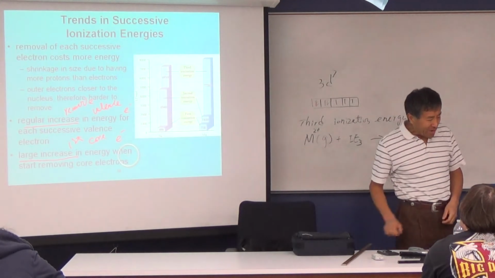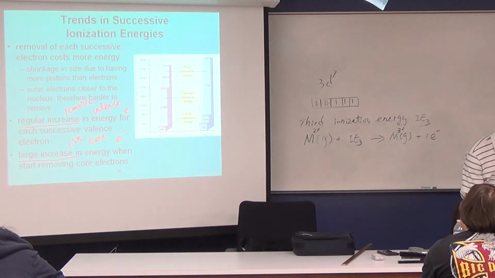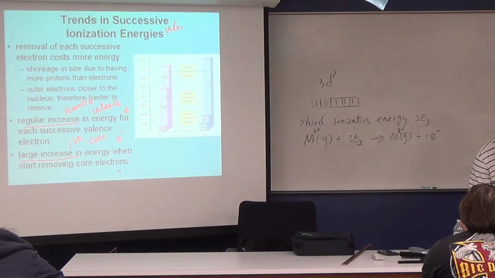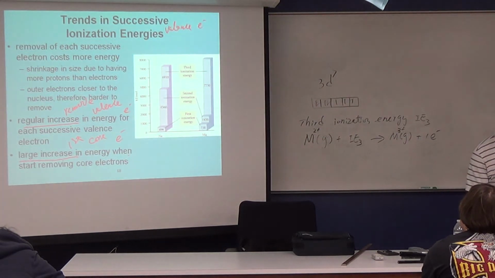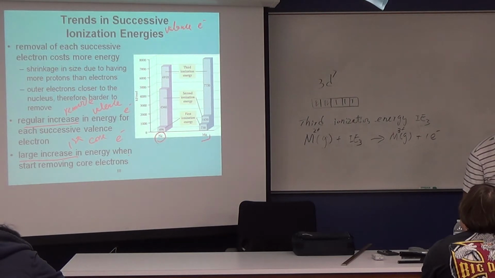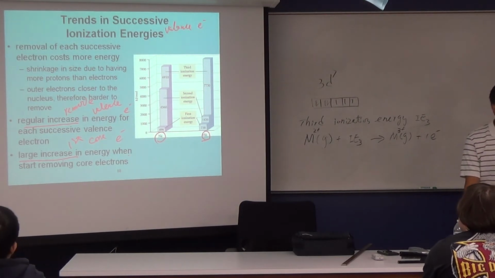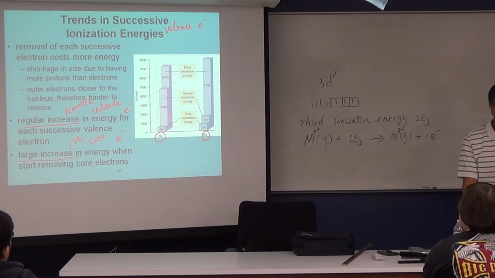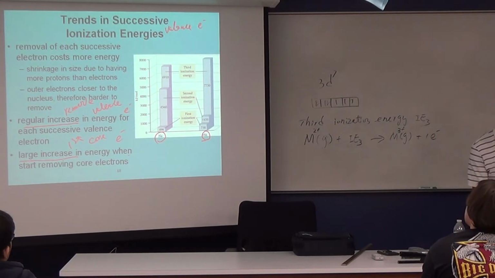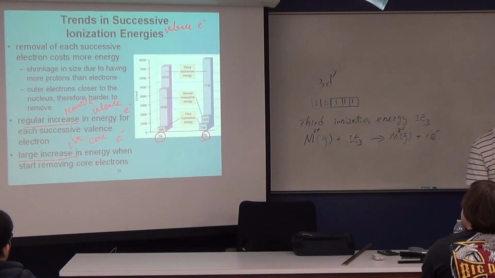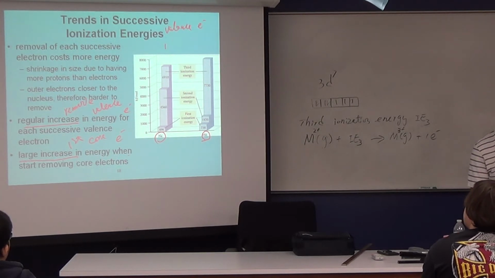Right? So how many valence electrons does Na have? How many does Na have, and how many does Mg have? And Na is in which group? Group 1A, so therefore 1 valence electron.